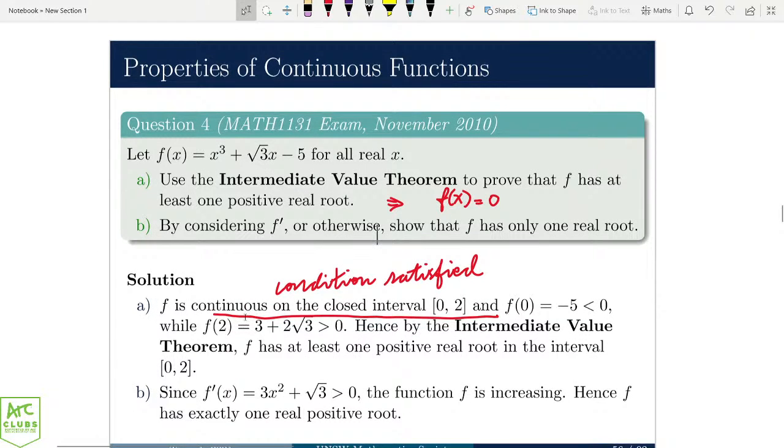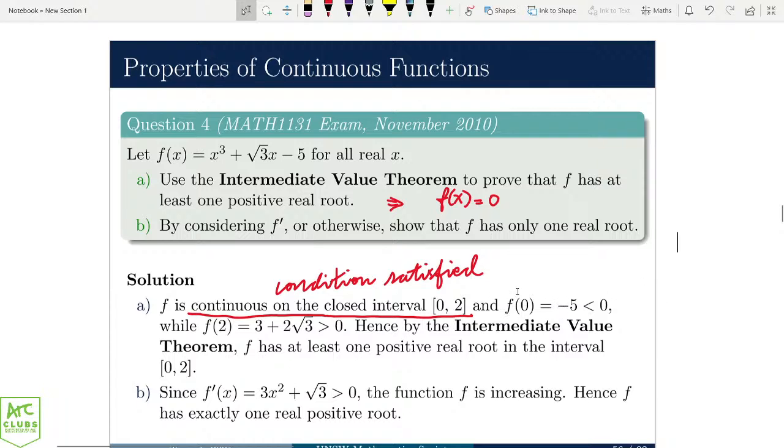We've said that f is continuous on the closed interval [0, 2]. So that's to tell the marker that you've satisfied the condition to apply the intermediate value theorem. All right, so this particular interval that they've picked over here, so [0, 2], is entirely arbitrary. So you'll see later why they've picked this particular interval.